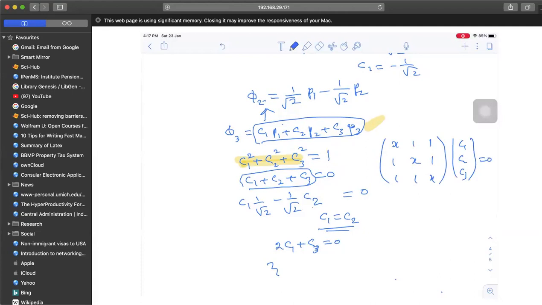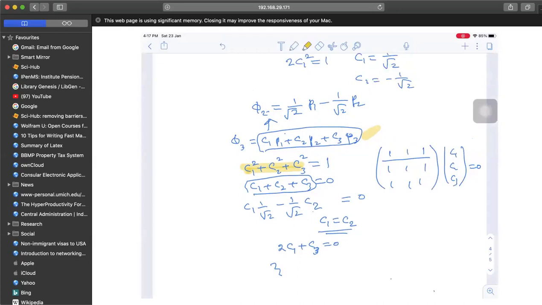But x is equal to 1, so all the diagonal terms are equal to 1. So you get 1, 1, 1. And if you multiply this row with that column, you will get the result C1 plus C2 plus C3 is equal to 0. That is how you got this.